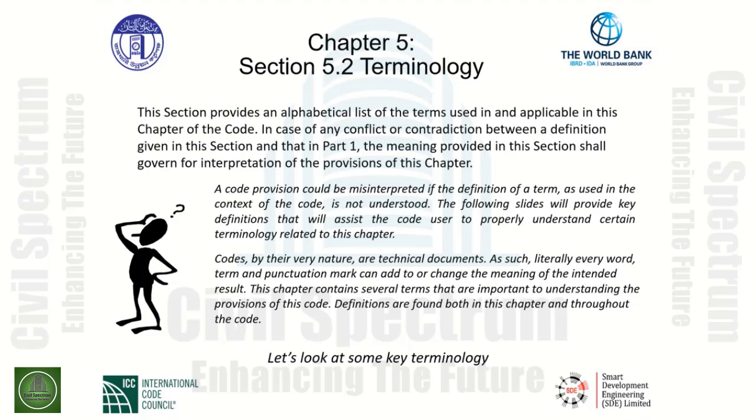So this section provides an alphabetical list of the terms used in and applicable in this chapter of the code. In case of any conflict or contradiction between the definition given in this section and that in Part 1, the meaning provided in this section shall govern for interpretation of the provisions of this chapter.